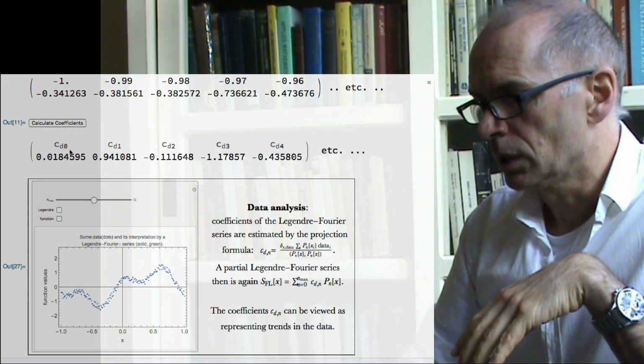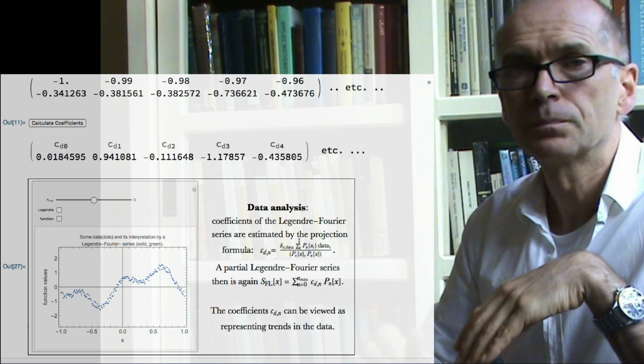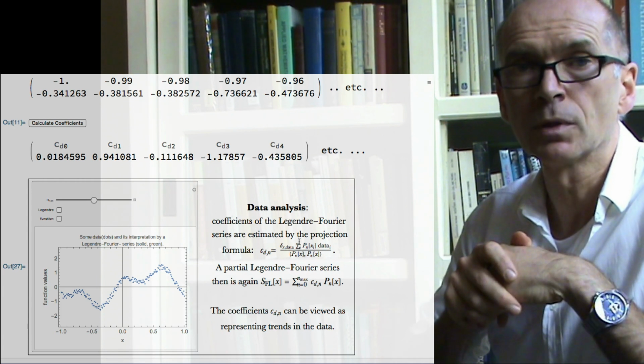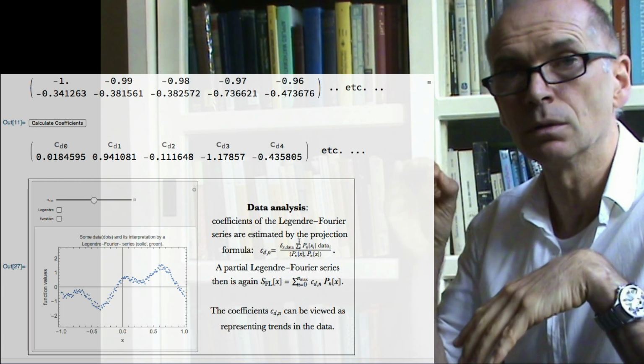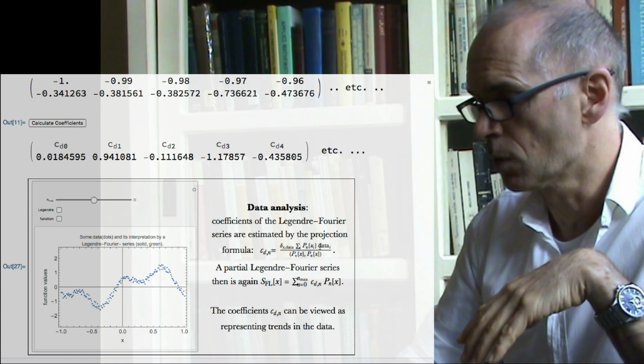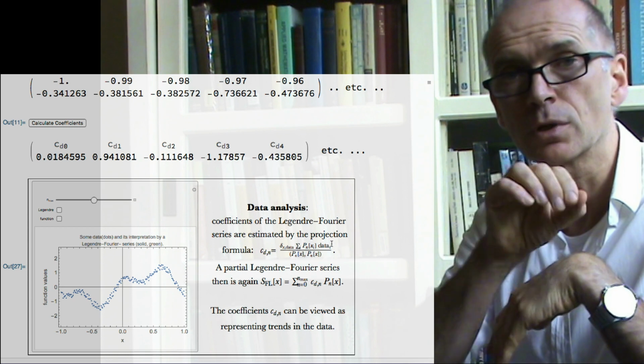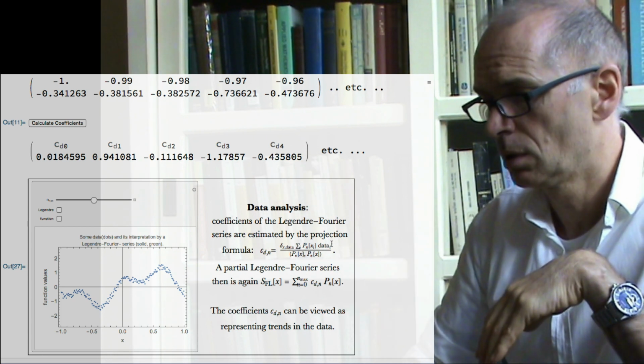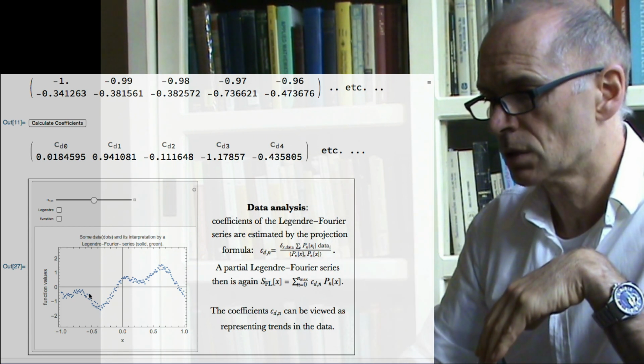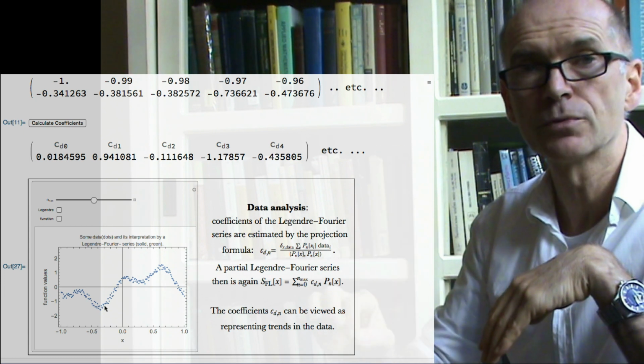I can calculate them by the same projection formula, except that I recognize that the integral in the numerator, the top one, I cannot really integrate because I don't have a continuous function here. I have scattered data at sample points.